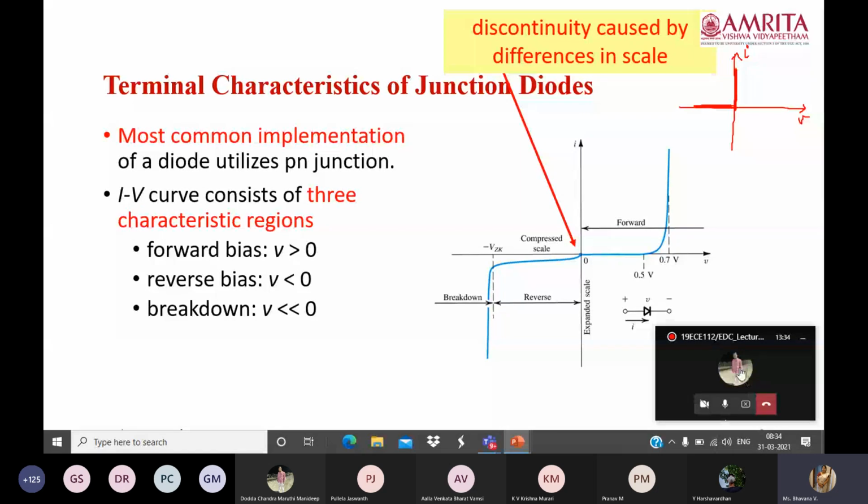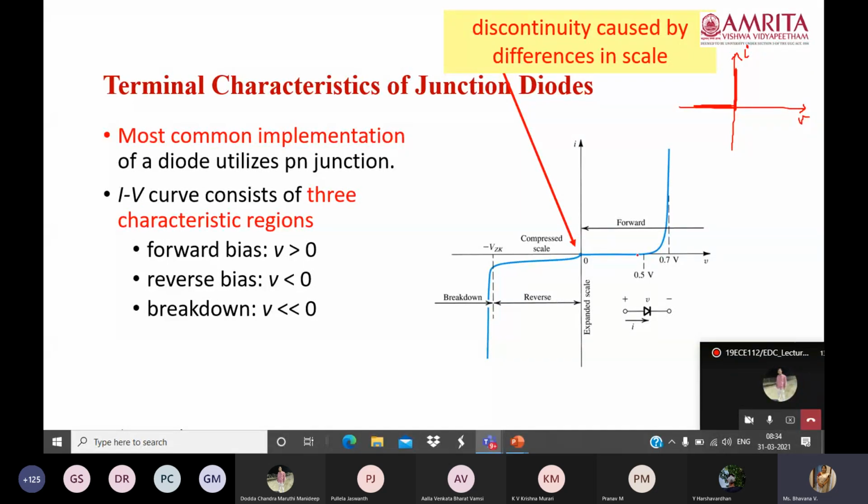Whereas you can see the IV characteristics of a silicon junction diode in this figure. The terminal characteristics of a junction diode are divided into three regions. One is the forward bias region, where V is greater than 0. Then the reverse bias region, where V is less than 0.